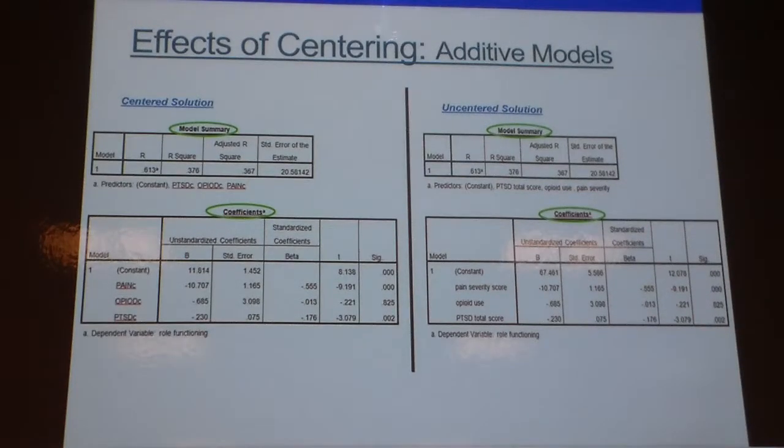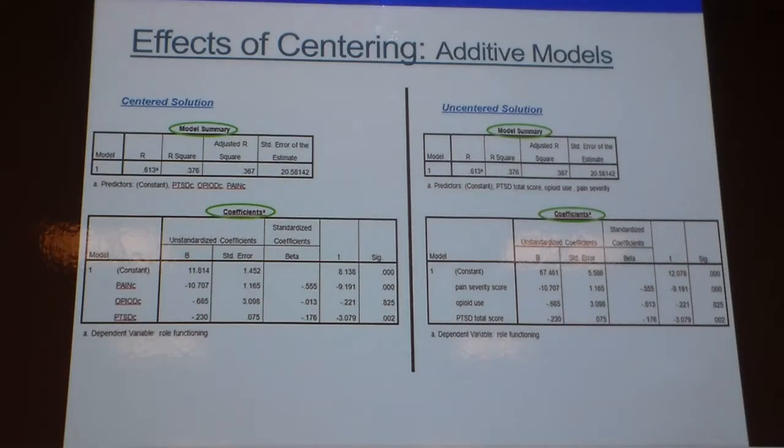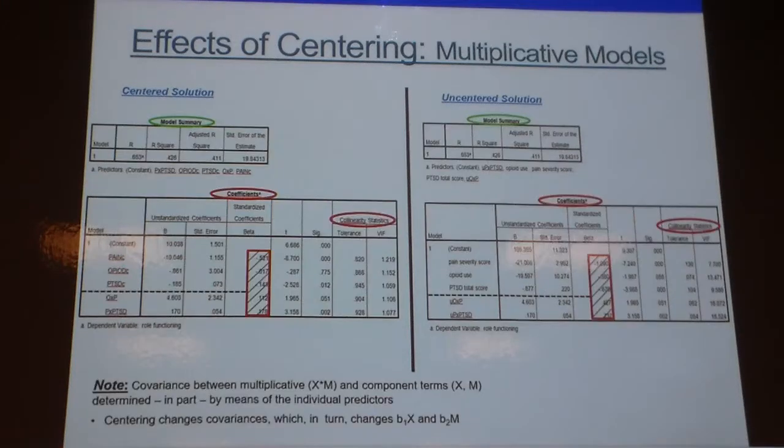But if we're looking at centering our additive models, nothing happens here, right? We see a difference in my constant with centered and uncentered solutions. But with my multiplicative models, we start to see some important effects, primarily with my collinearity diagnostics, right?